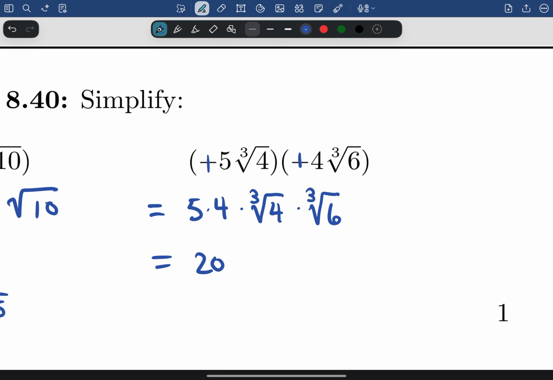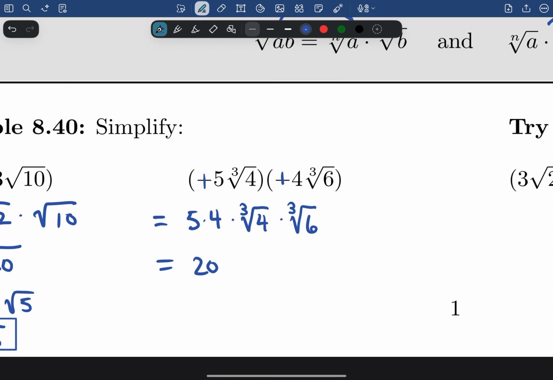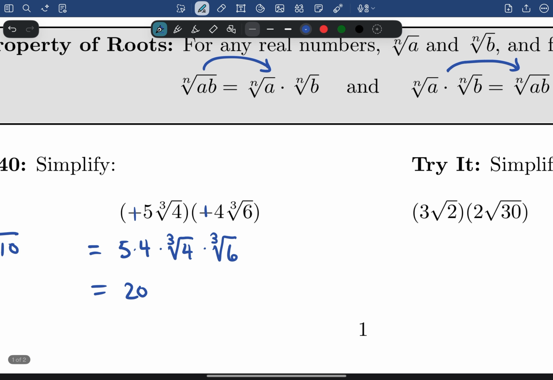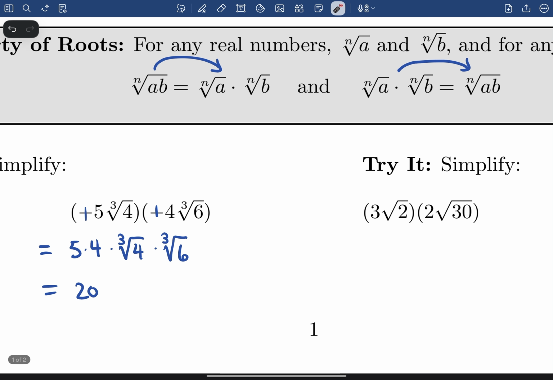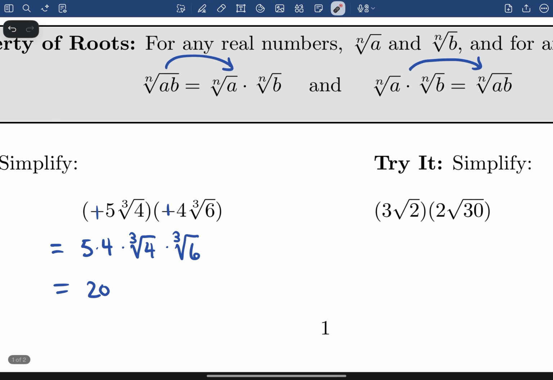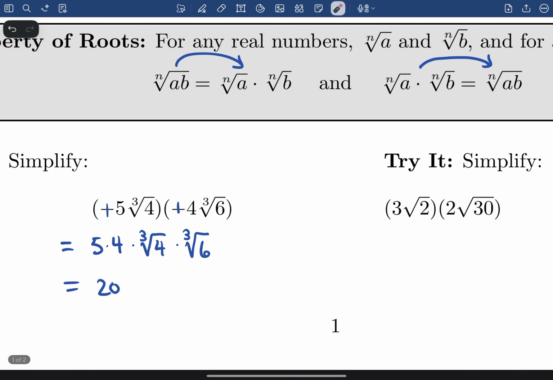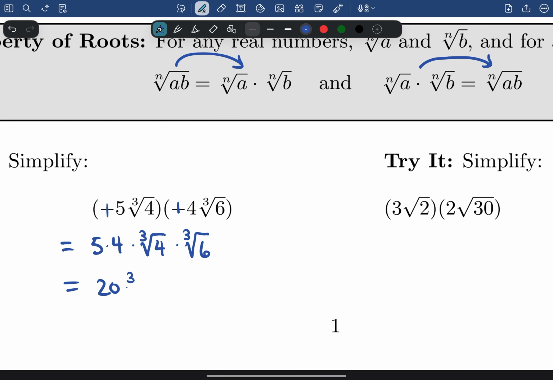And I can use the product rule that we just discussed above, right? The product rule says that I can take two radicals and combine them into a single radical, multiplying their radicands together. As long as the index value is the same, I can do this. And so 4 times 6 is 24.